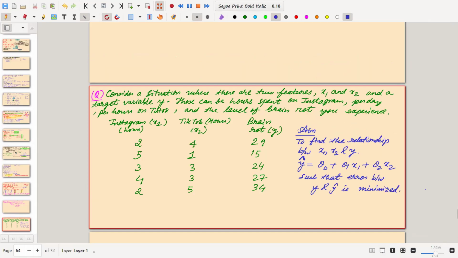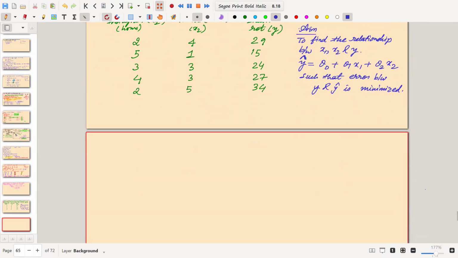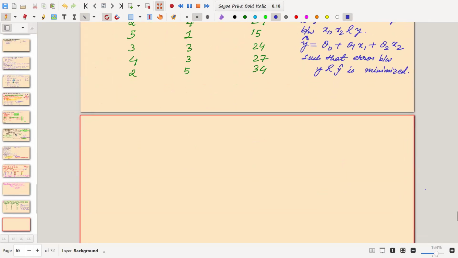Agree. Okay. So let us start. So again, for this problem, we have to set up how we can set up. Can you tell me what should be our first thing?